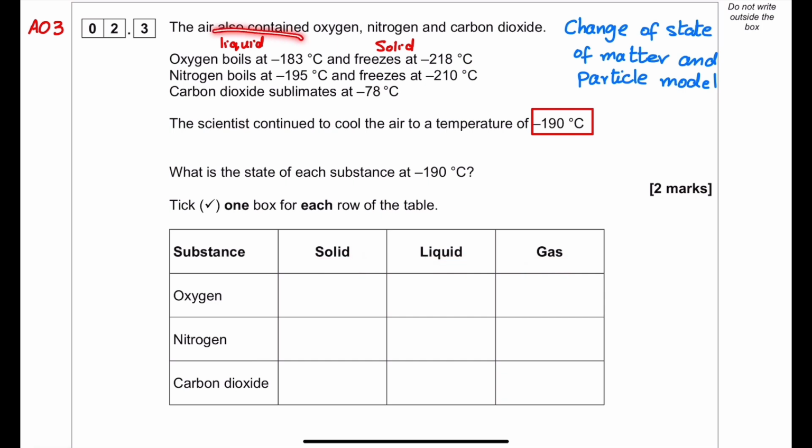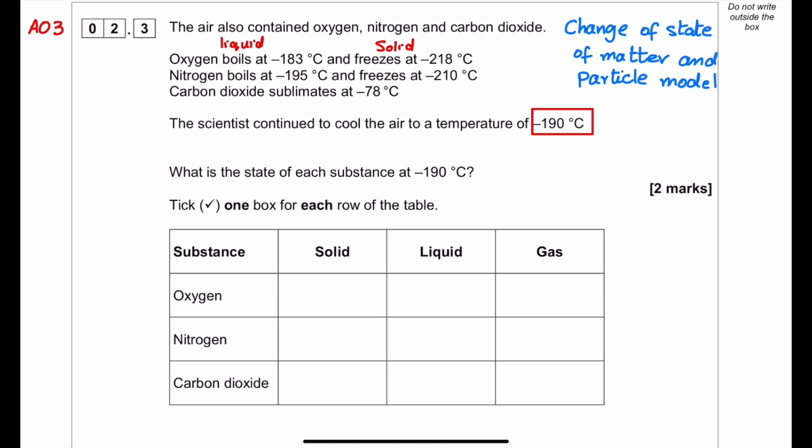Boils means that it is in the liquid form and it changes from liquid to gas form, whereas freezes means it converts into solid form. Minus 190 degrees is lower than this one, but it is higher than this one, whereas minus 190 degrees is higher for both of these values.